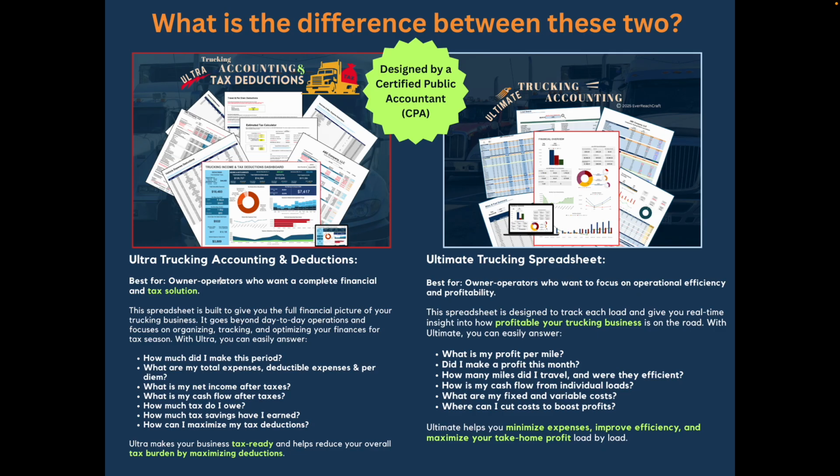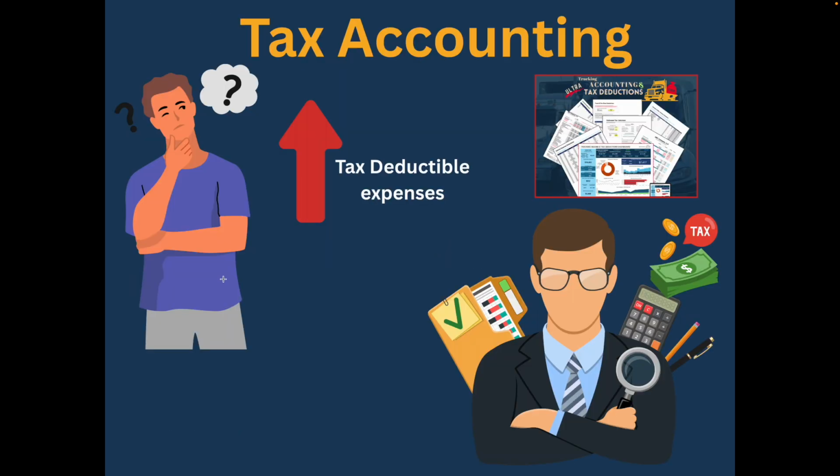So each of these spreadsheets are geared towards different things. So you go to a tax accountant, right? You're pretty much saying, hey, can you help me increase my tax deductible expenses? And that's what the spreadsheet is doing, showing you what your tax deductible expenses are and how you can maximize that, right?